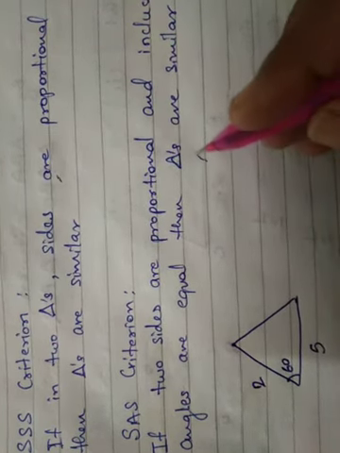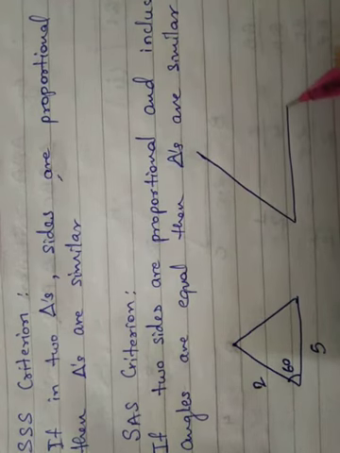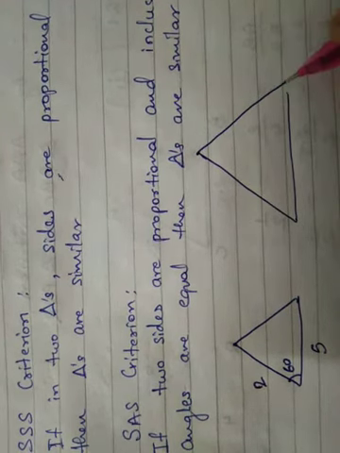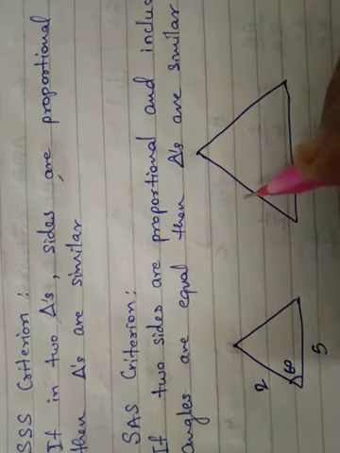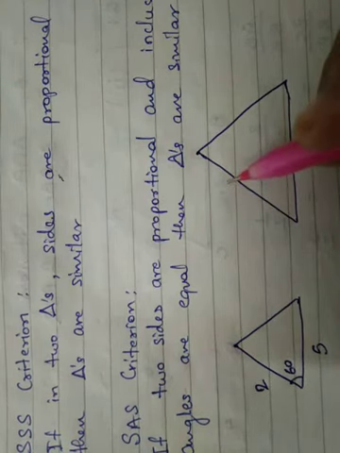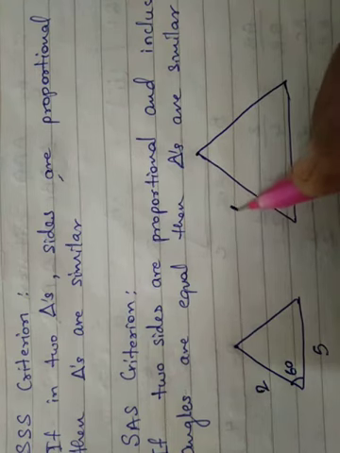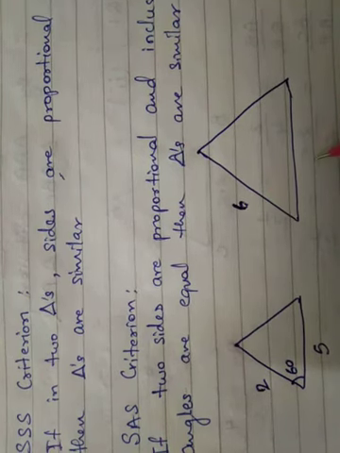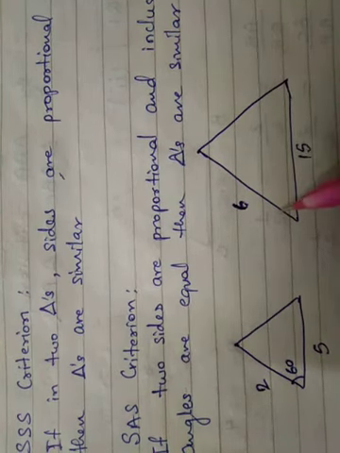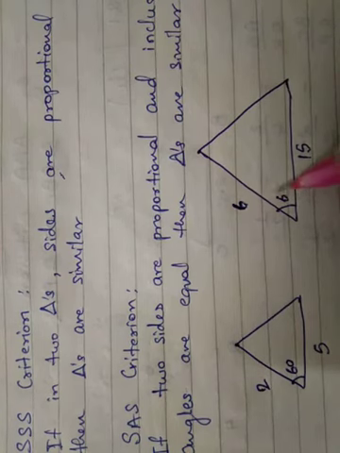Then I have another triangle with two sides, say 6 and 15, and the angle between them is again 60.